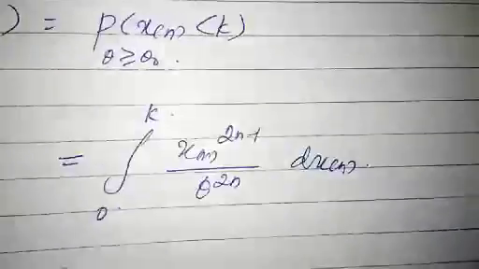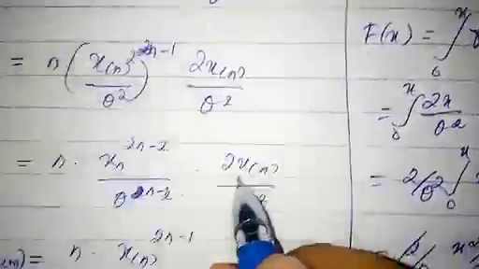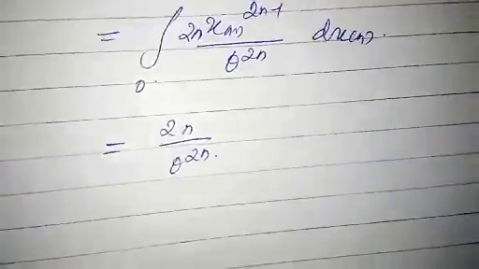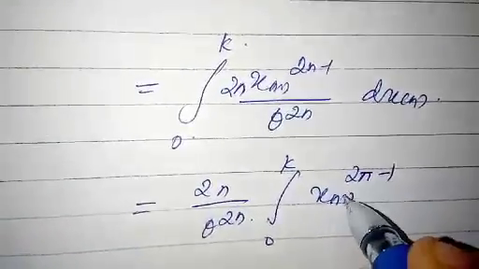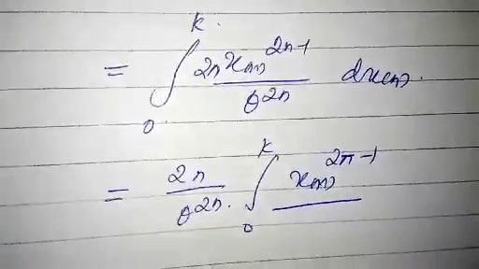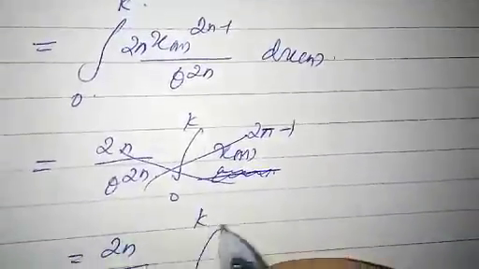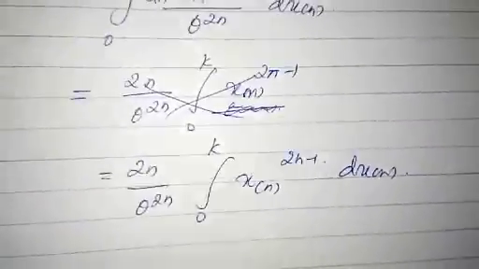Then take 2n divided by theta power 2n outside, then integral over 0 to k of xn power 2n minus 1 dxn.